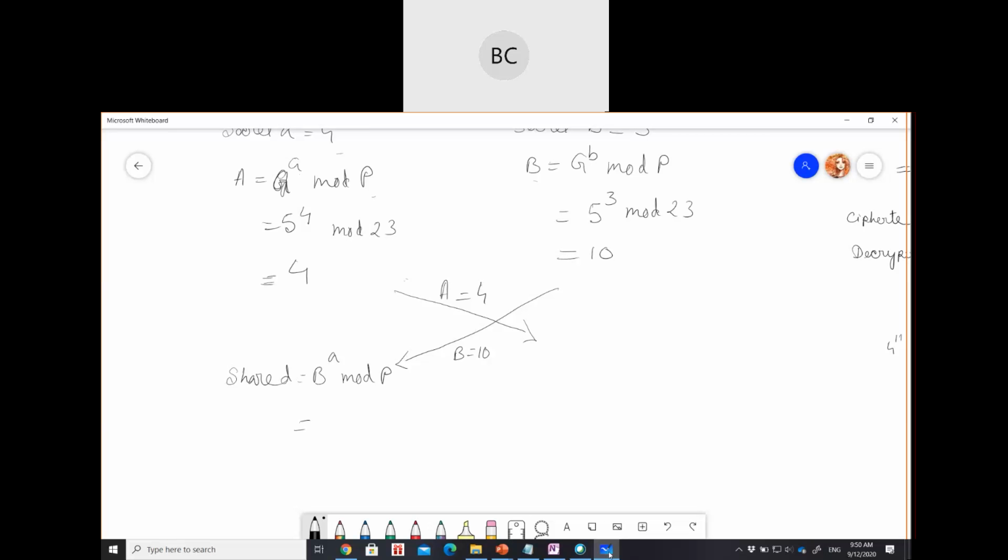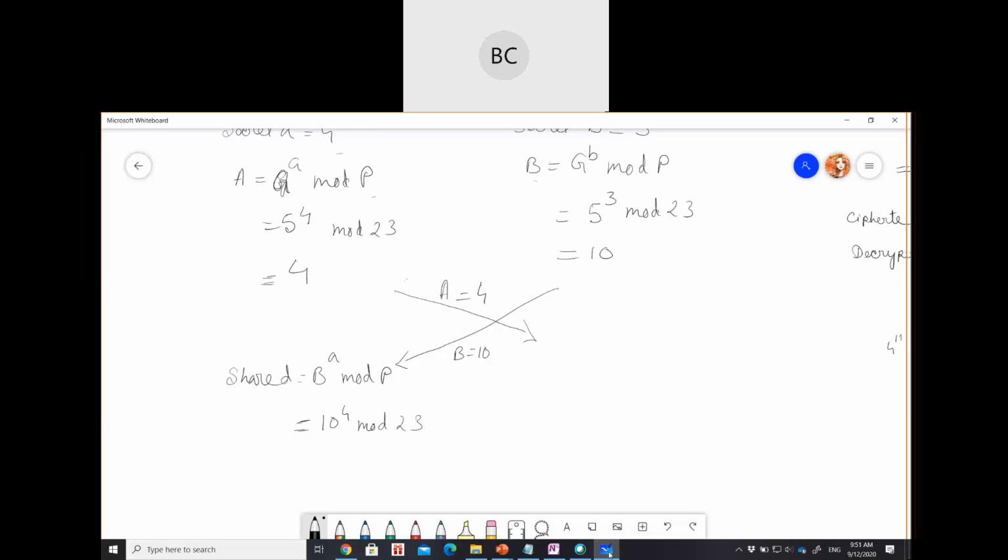So b is here the received key, 10. This 10 again they will raise to the power of its own secret, which is a, 4. Then again mod is the same, 23.